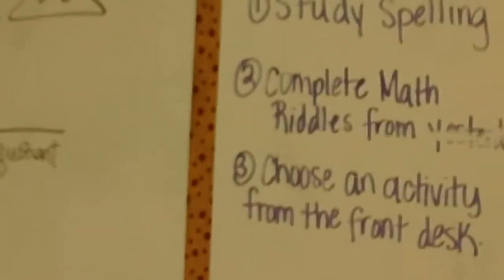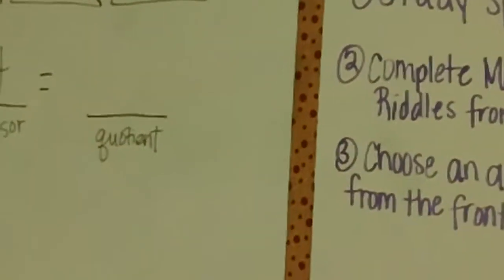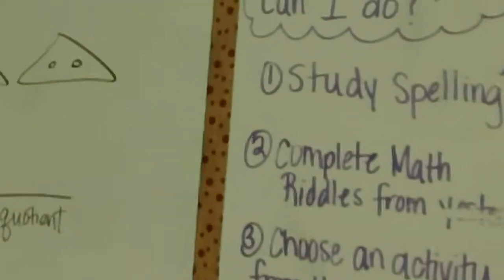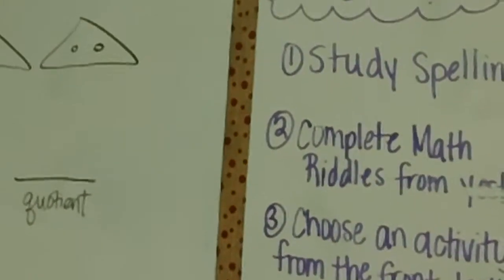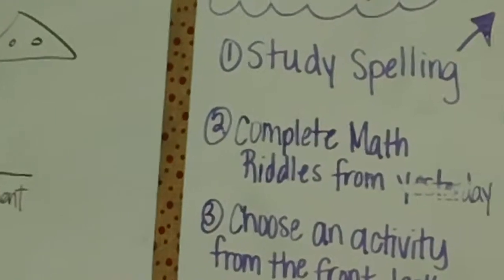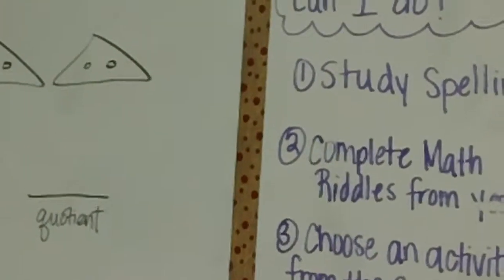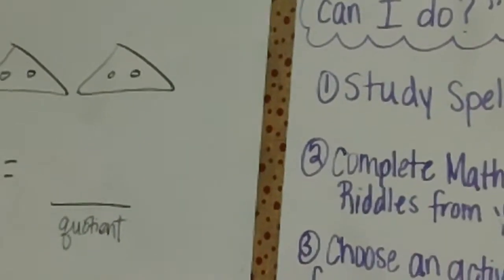And so what is my quotient? Ayana, what's my quotient? How many did each person end up with? How many are in each triangle? 2.